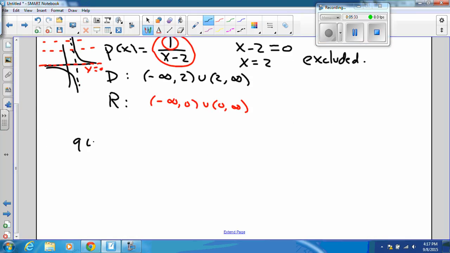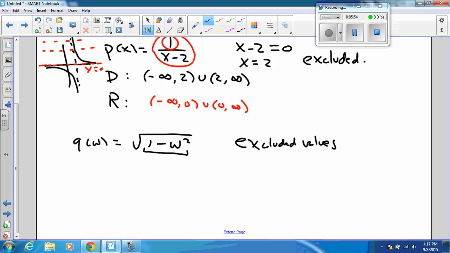The second function, q of w, is equal to root of 1 minus w squared. Again, we will assume that the domain is all real numbers except for excluded values. And we ask, what kinds of excluded values do we have? The excluded values come about because we cannot take the square root of a negative value.